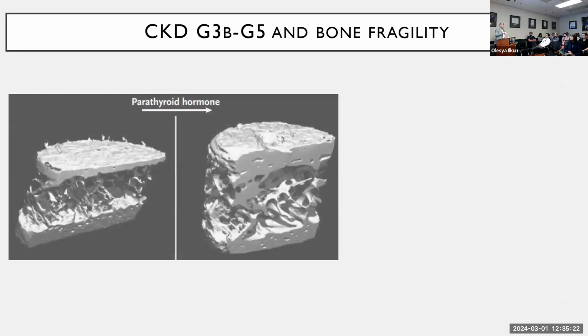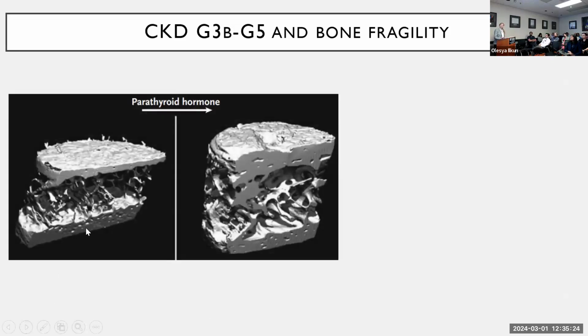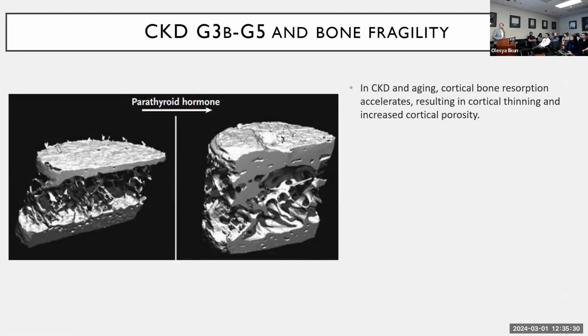So let's say pre-dialysis, how is this important in terms of bone fragility? This is what we saw in Miss M, right? CKD and aging both promote bone resorption, cortical thinning, and increased cortical porosity.